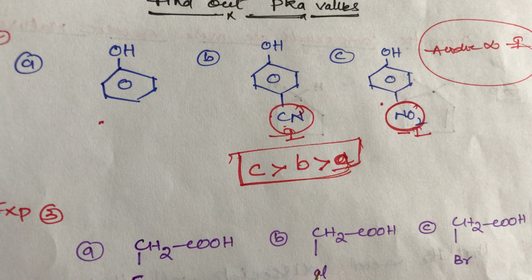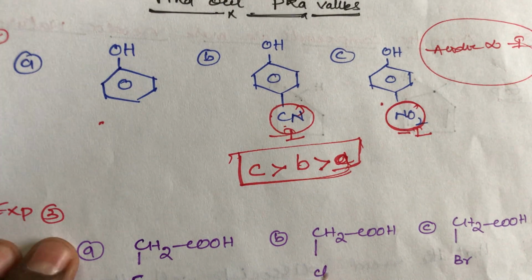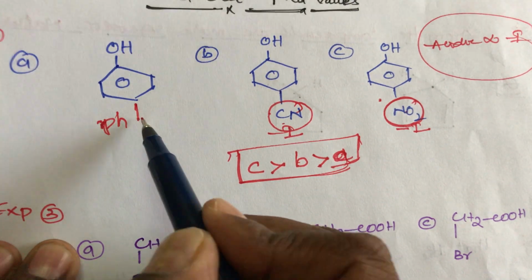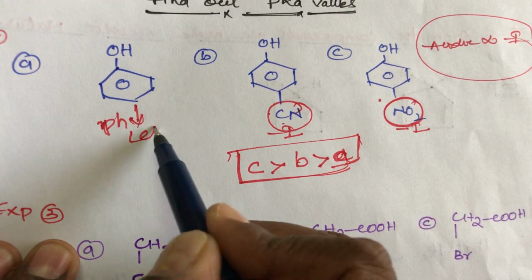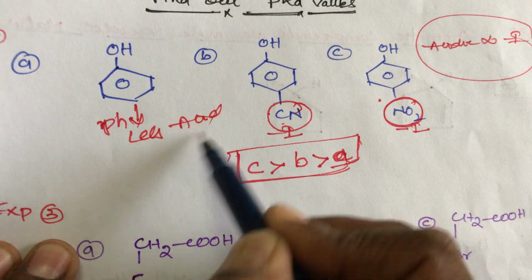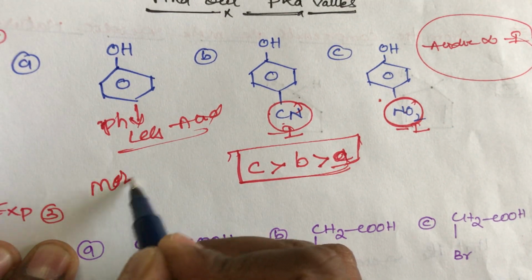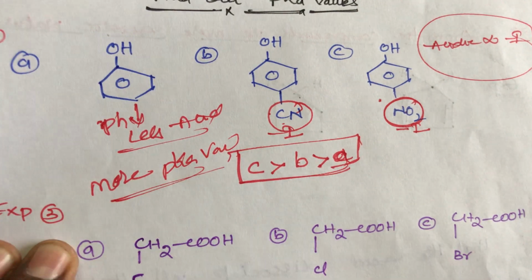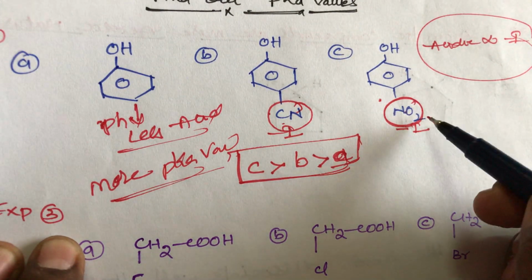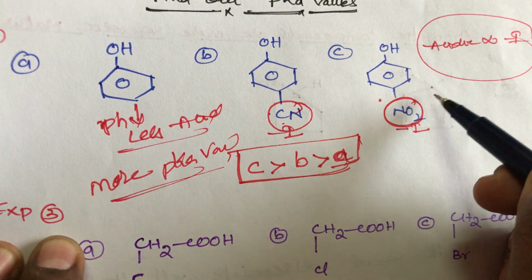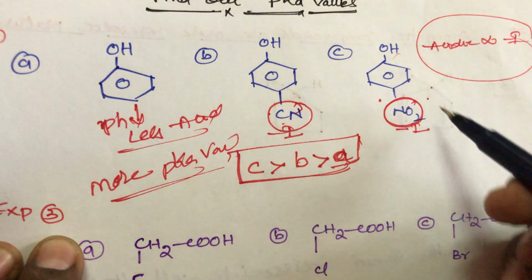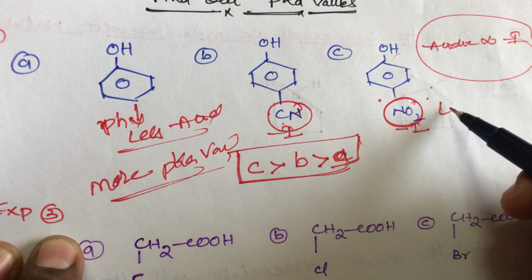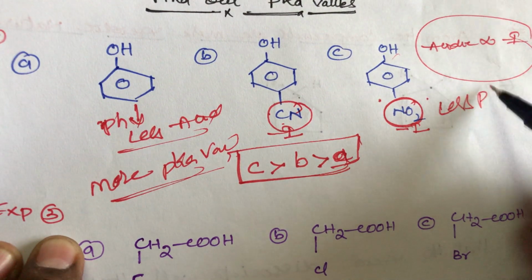Phenol is the least acidic, so it has the higher pKa value. Nitrophenol is strongly acidic, so it has the lower pKa value.